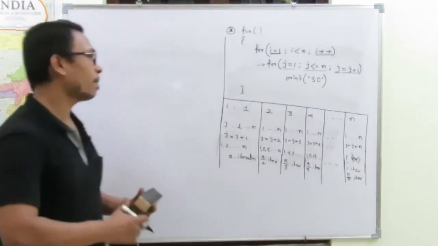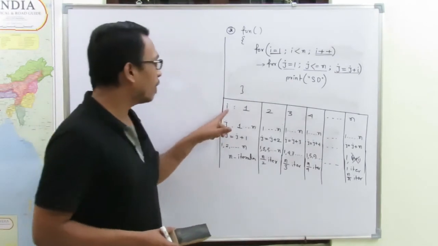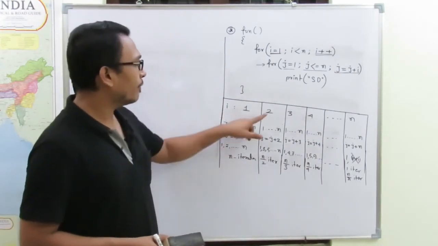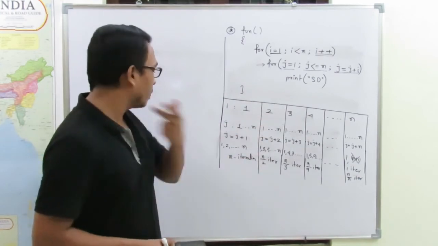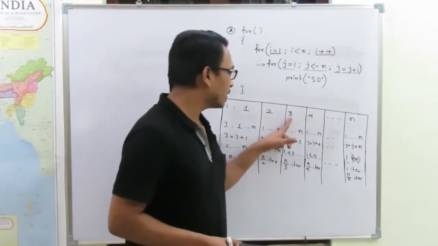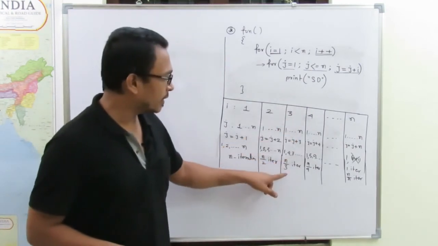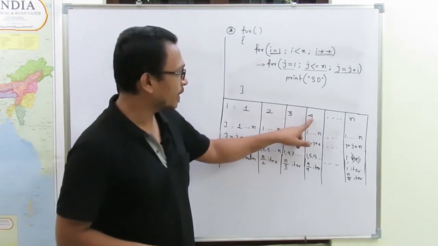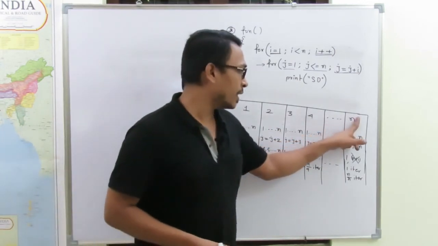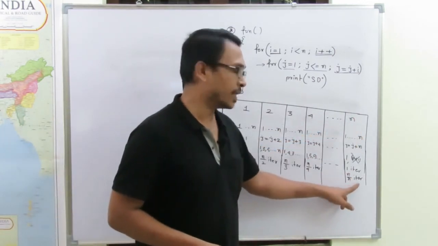Clear? So when the value of i is 1, at that time we have total n iterations. When the value of i is 2, we have n by 2 iterations. When i is 3, we have n by 3 iterations. When i is 4, we have n by 4 iterations. When i is n, we have n by n iteration.